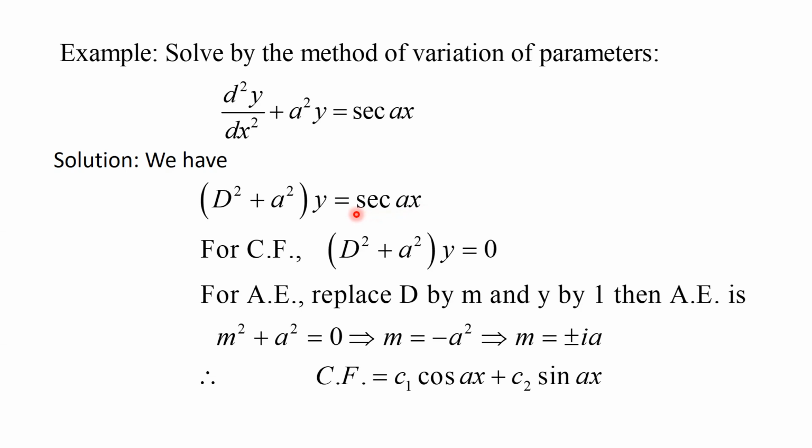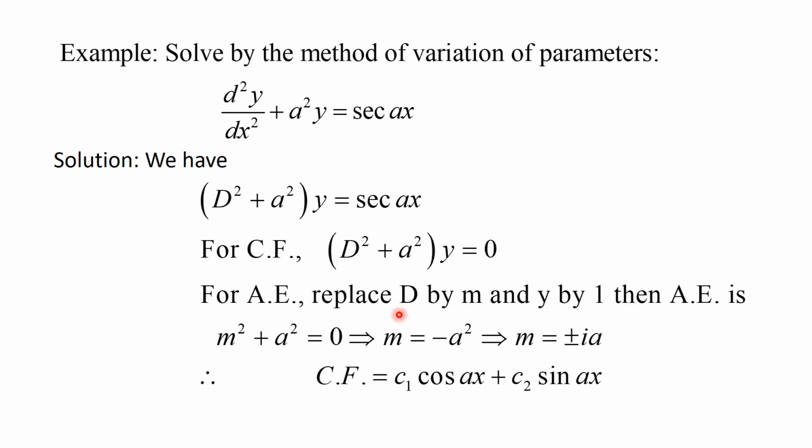Now for complementary function, assume sec ax function is equivalent to 0. So equation will be d square plus a square into y is equals to 0. Now find auxiliary equation. So to find the auxiliary equation, replace capital D by m and y by 1.